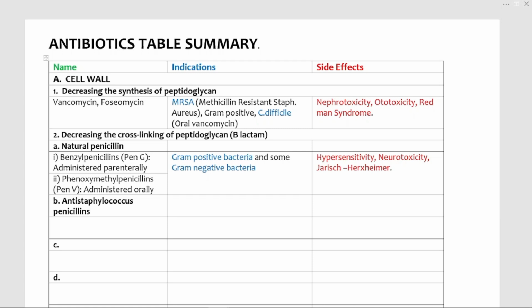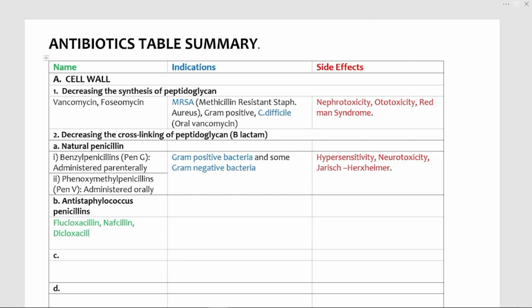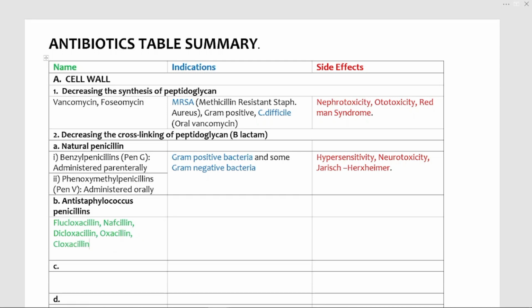An example of drugs that fall under this category include, number one, this one is very common, flucloxacillin. Another one is nafcillin. Another one is dicloxacillin. Another one, you've got oxacillin, and cloxacillin. So those are some of the examples of anti-staphylococcus penicillin.